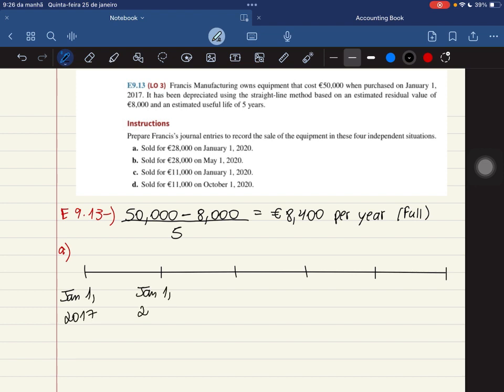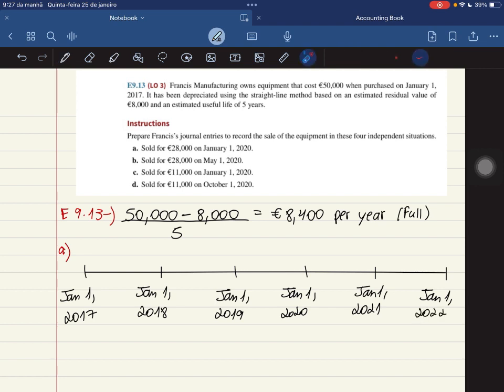Make sure that you keep using the same date over different years. Be careful if you write January 1st and then next you write December 31st or something. It's supposed to be the same date, otherwise you won't be able to see the changes. It is a 5-year useful life, so 1, 2, 3, 4, 5.